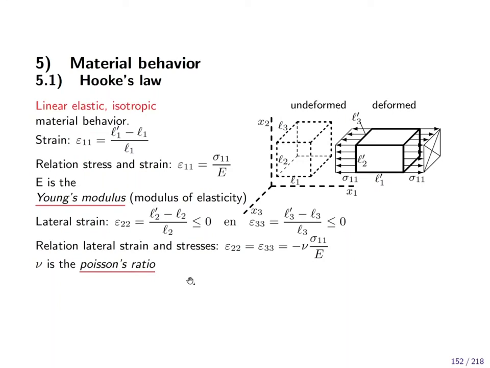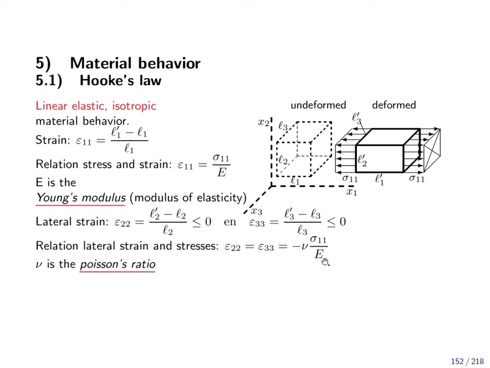I had to practice this so often that I like to repeat myself to stay used to it. And the Poisson ratio is defined as epsilon 2,2 equals the action which we have on the right-hand side, sigma 1,1 over E, times minus mu. Mu is the symbol for Poisson ratio.